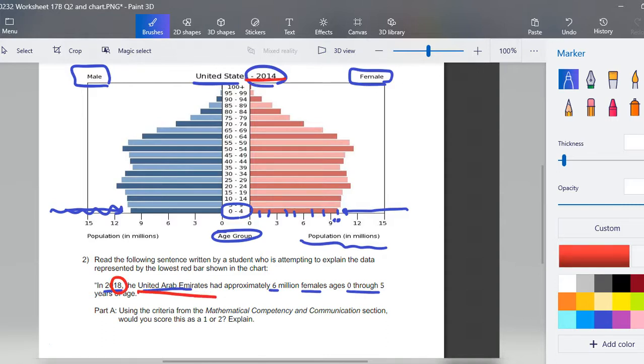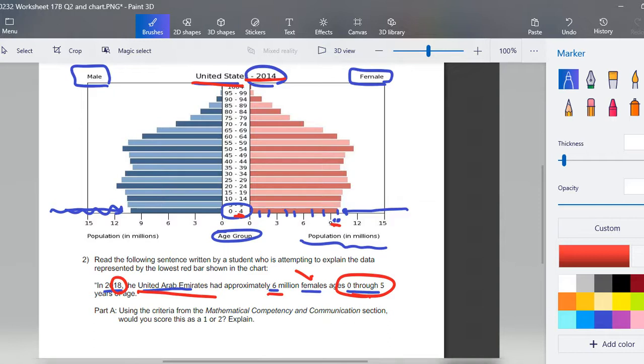It's not the United Arab Emirates, it's the United States. It's not 6 million, it's closer to 10 million. Yay, it is female. However, it's not 0 through 5, it's 0 through 4. So I would go ahead and say it's not some, it's all. It contains all incorrect evidence and conclusions, it's just a whole lot of it.